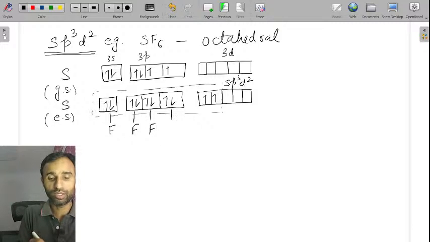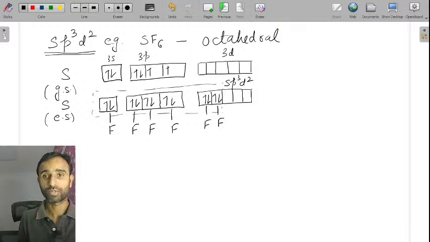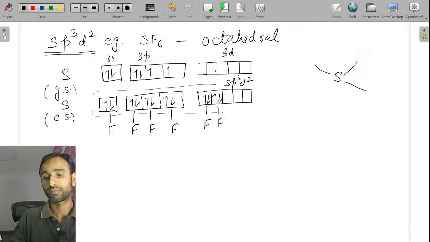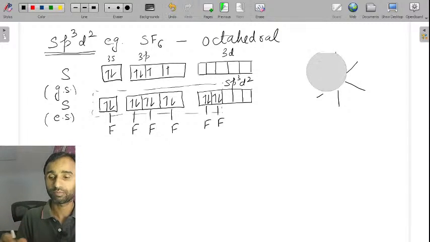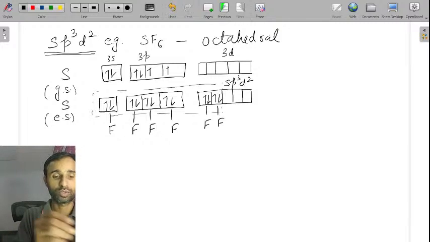Each will overlap with a 2p orbital of fluorine. Okay, so when they overlap with the 2p orbital of fluorine, they are arranged in octahedral shape.